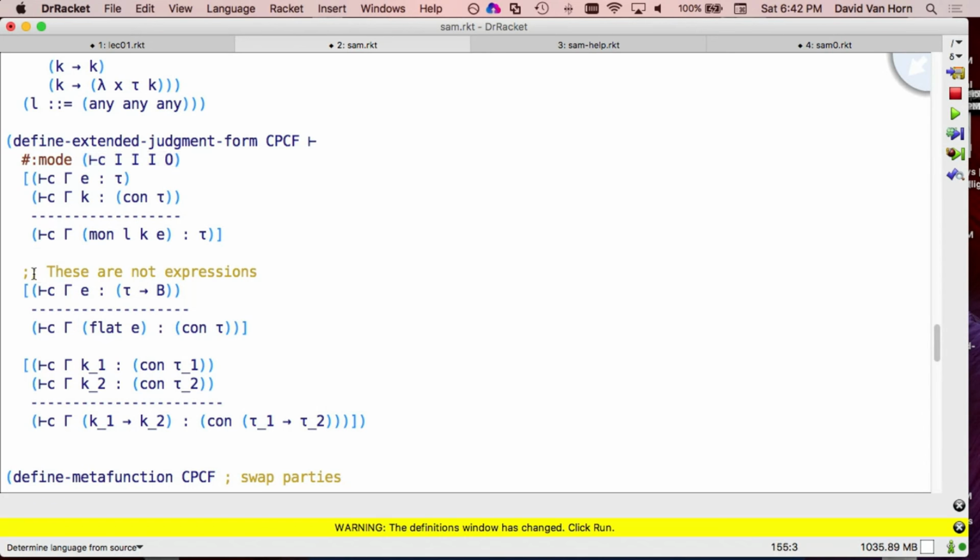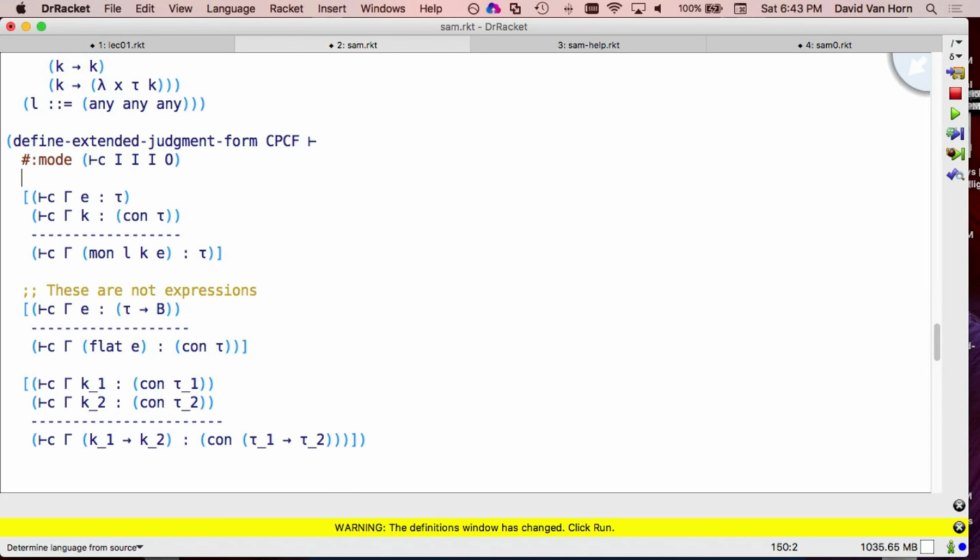Right, I made this note that these are not expressions. Flat E is not an expression, and K1 arrow K2 is not an expression. That's something I could have caught. So this code is totally cool, right? Redex will just take whatever you wrote down, like you did on the blackboard, and run it, and that's fine.